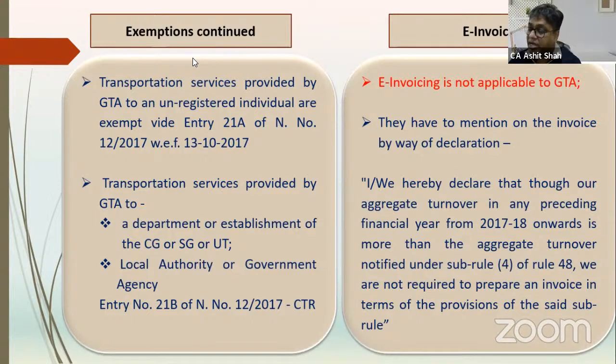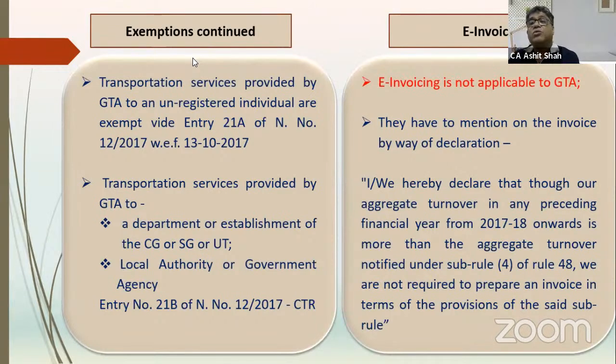So I have to register my company, though I am not required to do that, and I have to discharge the tax liability. So for that reason, they have come out with this exemption notification that when the transportation service is provided to an unregistered person, it would be exempted.